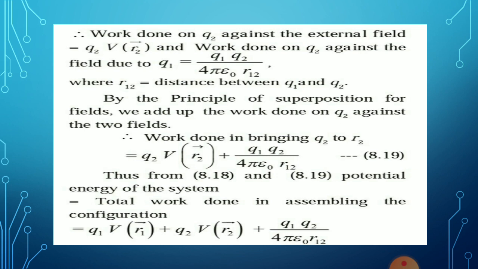So we can find the total work done, which is nothing but potential energy of the system, equal to Q1 V of r1 bar plus Q2 V of r2 bar plus Q1 into Q2 divided by 4 pi epsilon 0 r12.